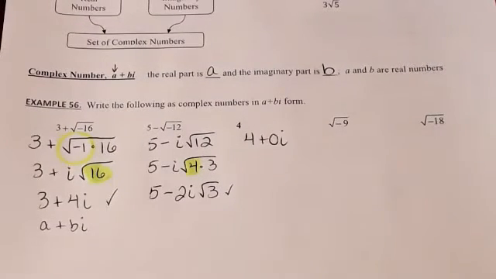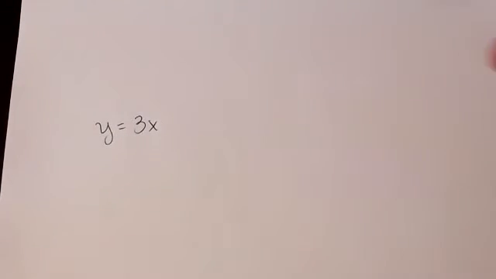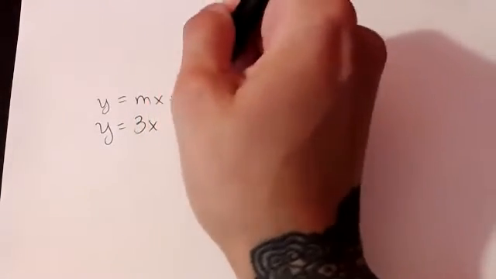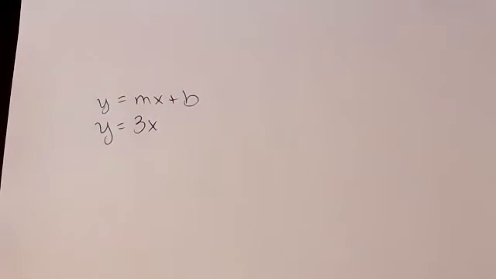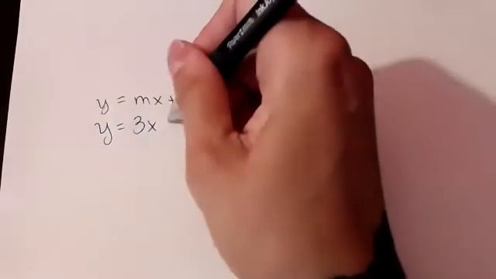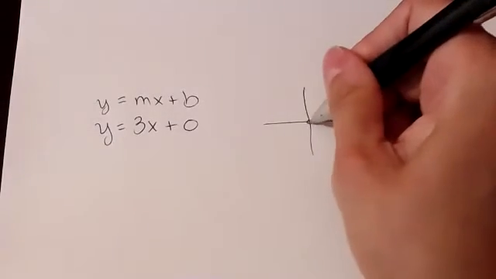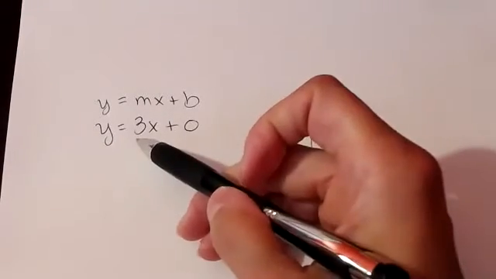Think back to something silly. Think back to, let's say you were graphing a line, right? And let's say you had y is equal to 3x, but you wanted to graph that. You recall from graphing that the slope-intercept form is y equals mx plus b. So what some of you may do is you would say, well, I would just write this as 3x plus 0, because then I know that my y-intercept is (0, 0), and my slope is 3 over 1.